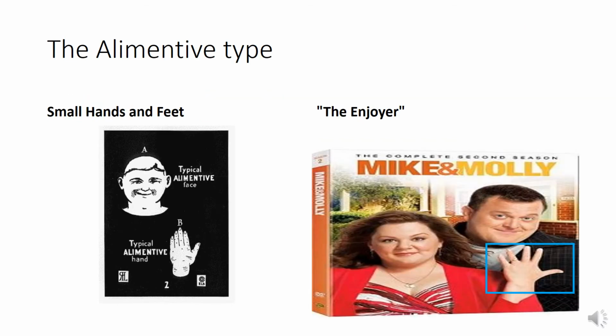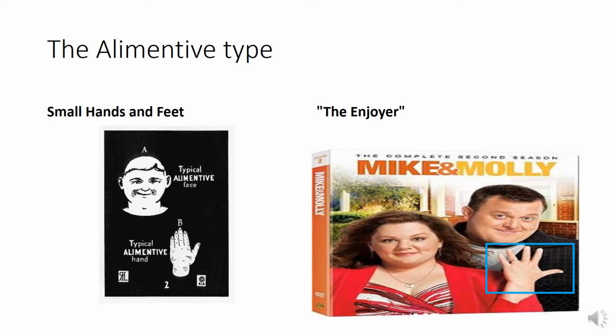Still the alimentative type. Now we can see on the left the type of face. Mostly the hands will be small, and the feet also will be small, and the face will be round. On the right, you can see again Mike and Molly, the hands.